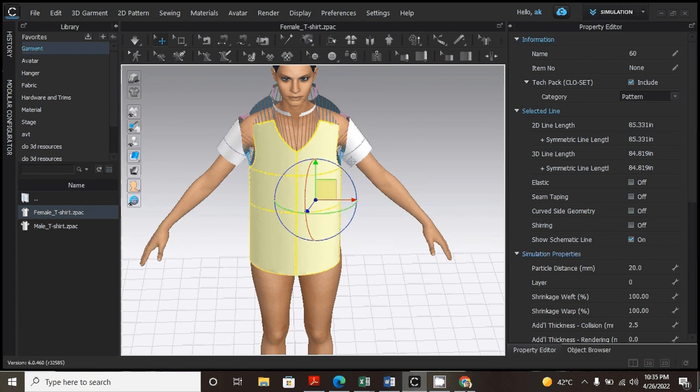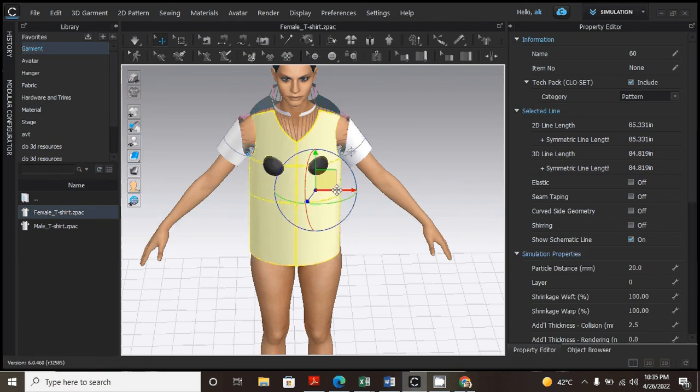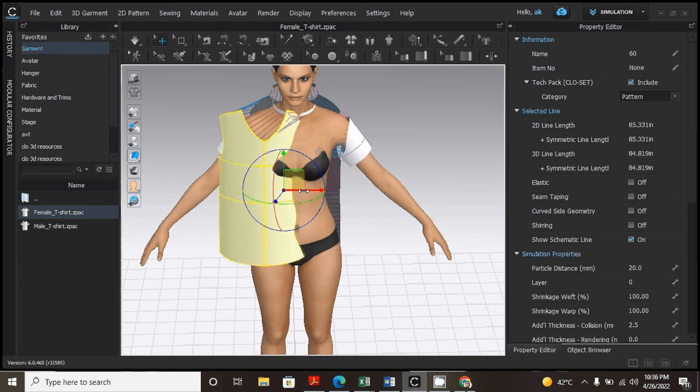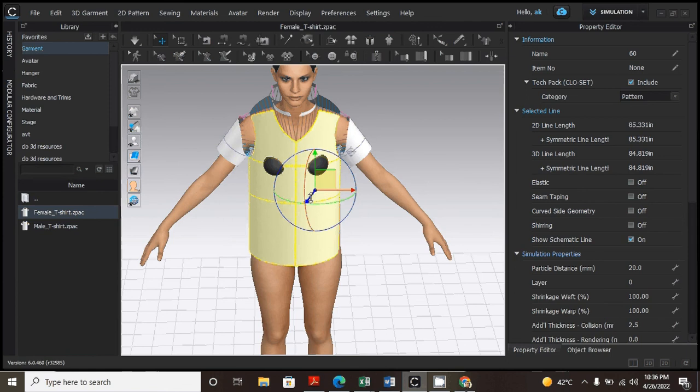Then with the help of arrows, you can see the arrows here in the different coordinates. The arrows help us to move up and down in the different directions.